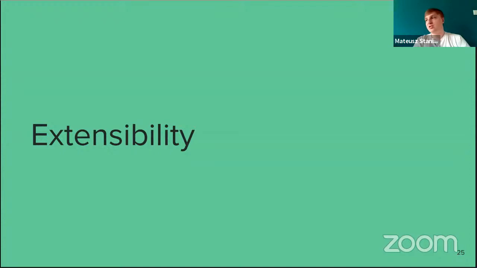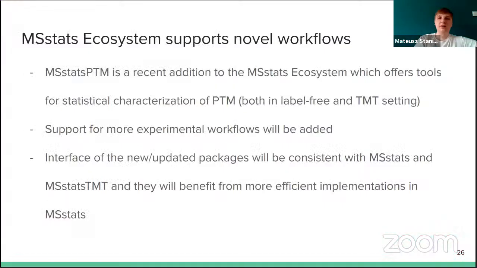Also, with all the changes that I described comes more potential to extend our workflows. One of the recent additions is the MSstatsPTM package for statistical characterization of post-translational modifications, both in label-free and TMT setting, which heavily uses code both from MSstats and MSstatsTMT.